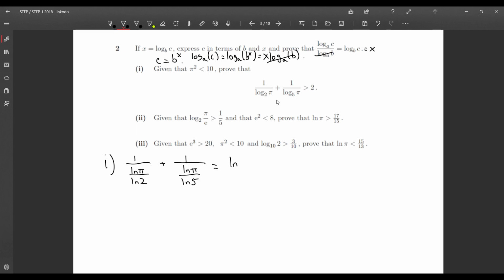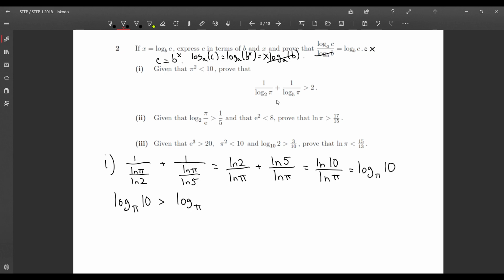That's ln 10 over ln pi, which is log base pi of 10. And since 10 is greater than pi squared, this is going to be bigger than the log base pi of pi squared, which is equal to 2.